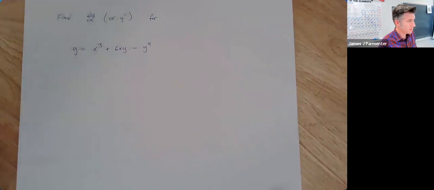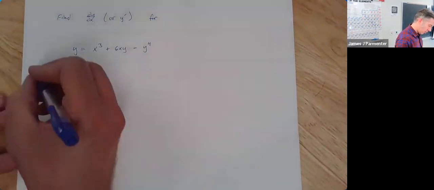Okay, so whenever you have something like this, the first step is usually to differentiate both sides. There are some exceptions, and I think I have one example of an exception. So differentiate both sides. Great.